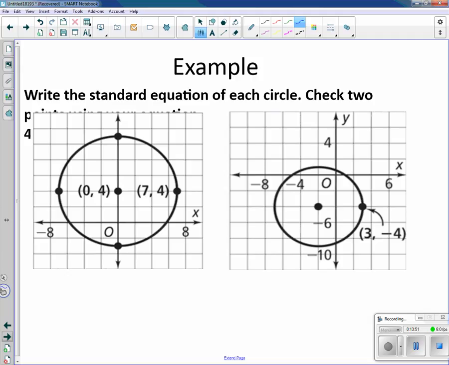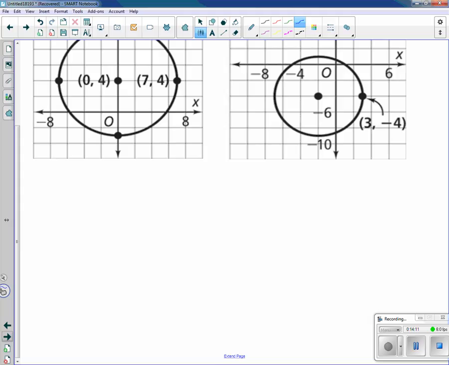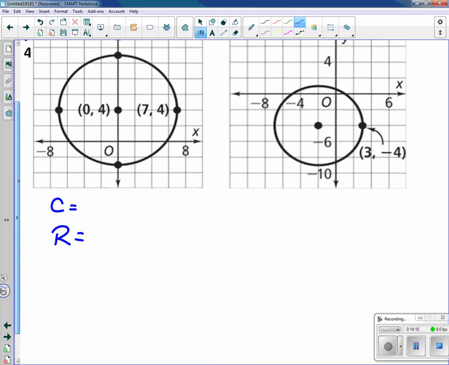What if I gave you the circle and told you to write the equation? What are the 2 things I need in order to write the equation? You needed the center, and you needed the radius.